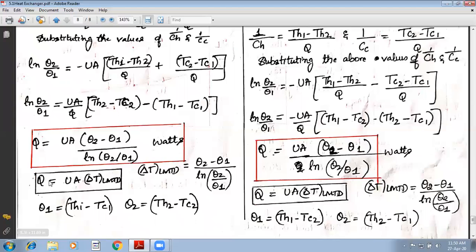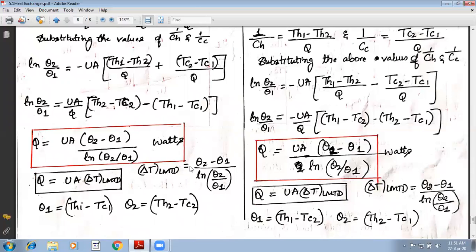So in general, we got Q is equal to UA into LMTD. This LMTD corresponds to parallel flow. The same equation will be used in counterflow also.